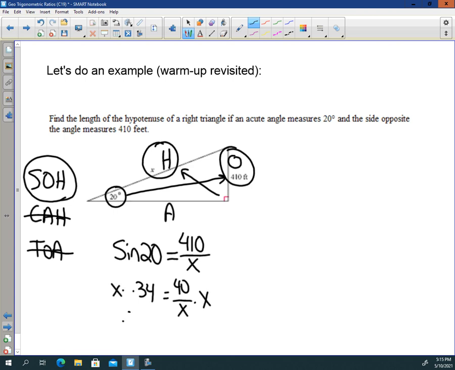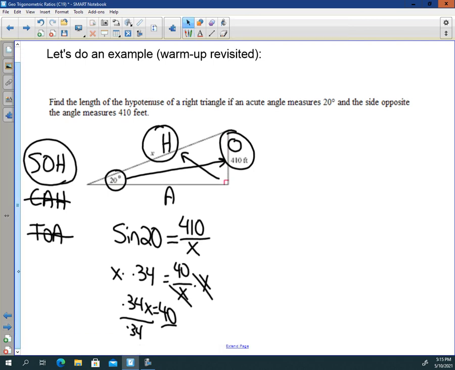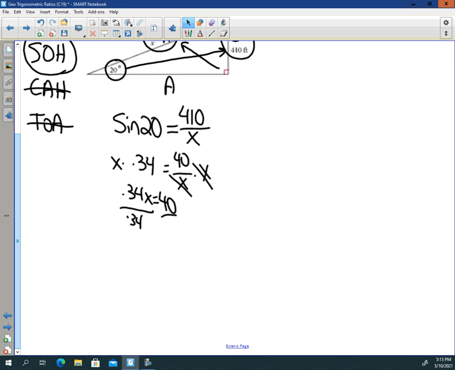And this side I have 0.34x equals 40. And then I'm just going to divide both sides by 0.34. Creating this cancellation, I have x equals 40 divided by 0.34, which is 117.65-ish.